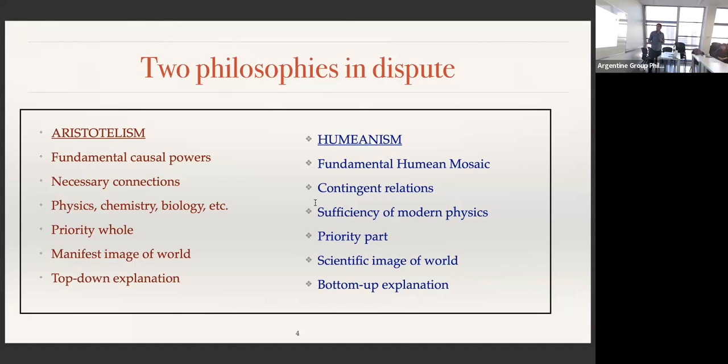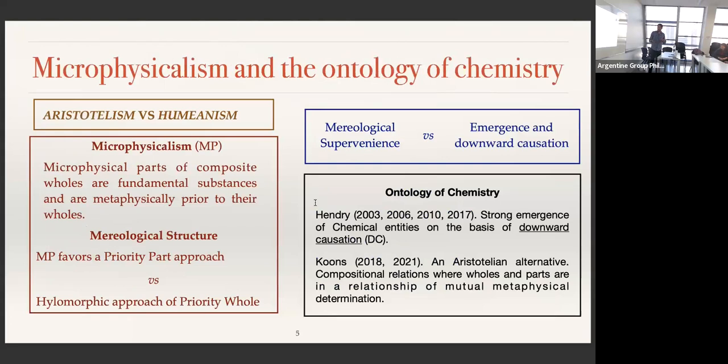For Humeanism, the scientific image is superior to the manifest image, and bottom-up explanation is superior to top-down explanation. Humeanism crystallizes in the doctrine of microphysicalism, according to which microphysical parts of composite wholes are fundamental substances and are metaphysically prior to their wholes.